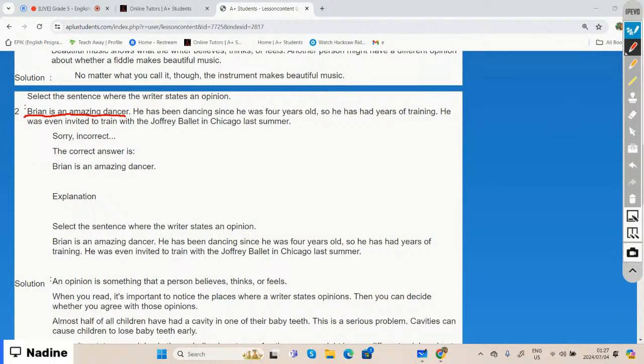So I think that the writer thinks or believes that he is an amazing dancer. But the facts are that he has been dancing since the age of 4. He has had years of training, and he was also invited to train with the Joffrey Ballet in Chicago last summer.